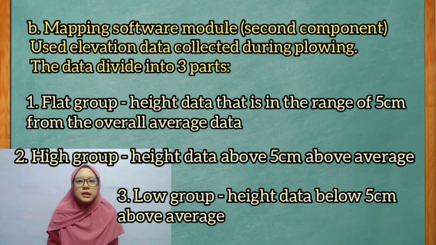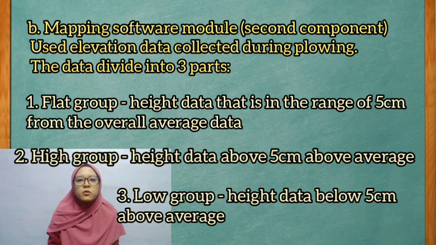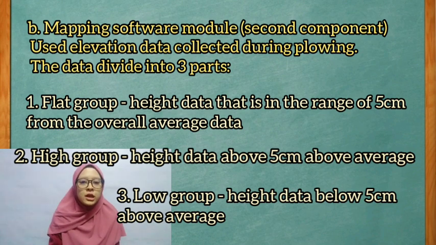Then the second component, which is the mapping software module: elevation data collected during plowing is used in the second component of the system, which is the land mapping software module. The land mapping software module divides the data taken into three parts. Height data that is in the range of 5 cm from the overall average data is placed in a flat group.